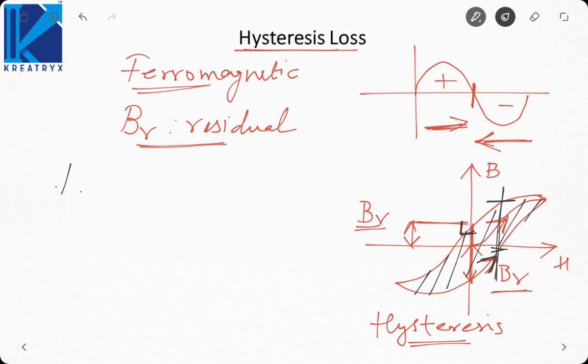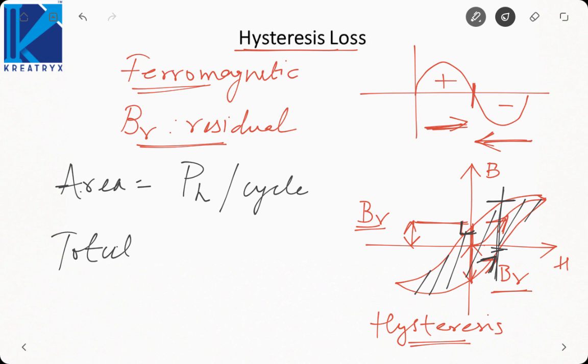Okay, area is equal to hysteresis loss per cycle. So total loss is equal to area into frequency of operation of the transformer.